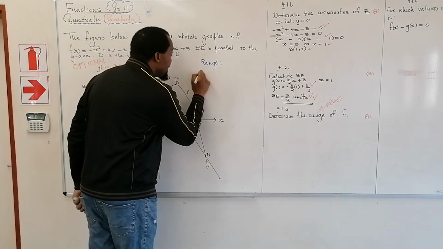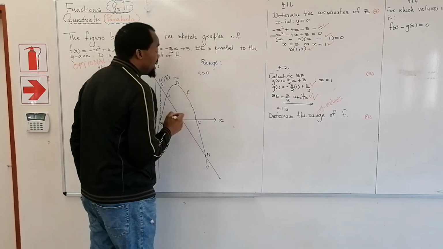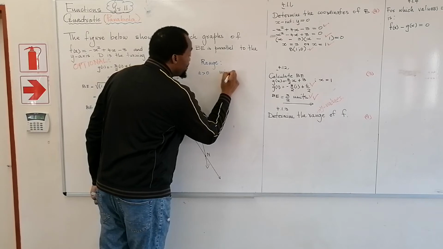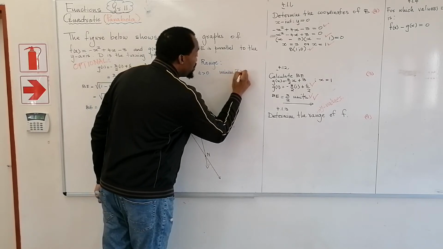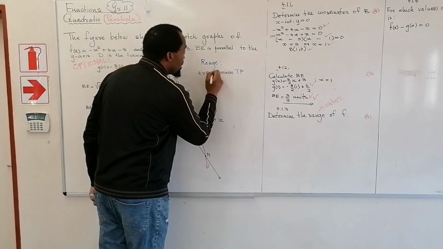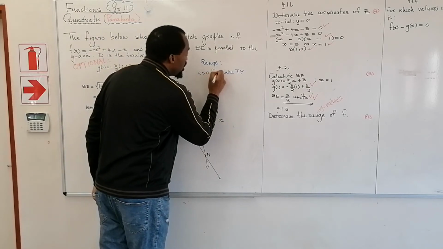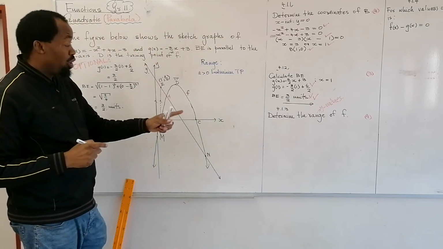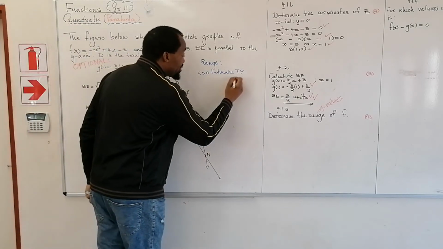When a is positive, you get a minimum turning point. For grade 12, we talk about a local minimum turning point. Now, what does that mean?